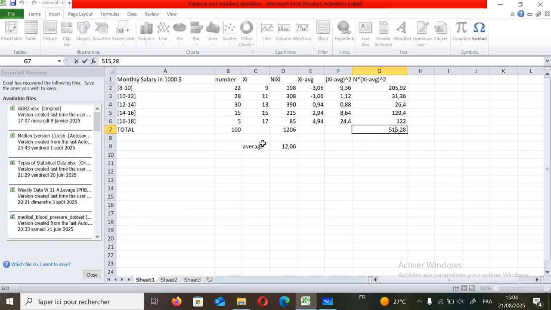That means we calculate the division of it, and it gives 5.1528. That means the variance we have is 5.1528.